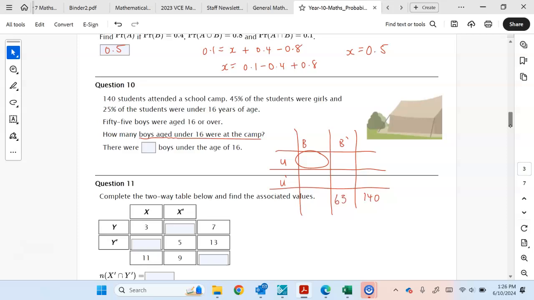So that means that 77 were boys. 25% of the students were under 16, so that's 35. 55 boys were aged 16 or over, so that's going to be 55. So yeah, that's going to be 22.